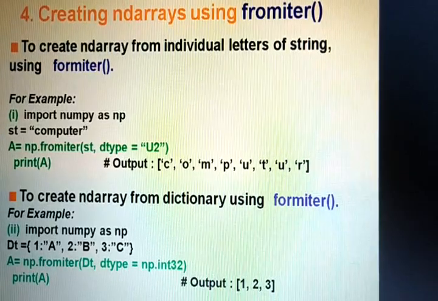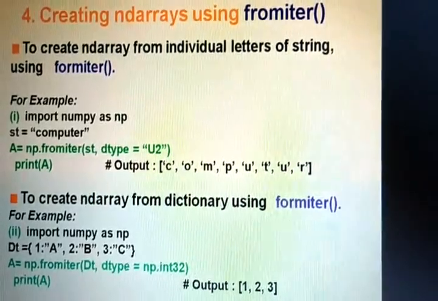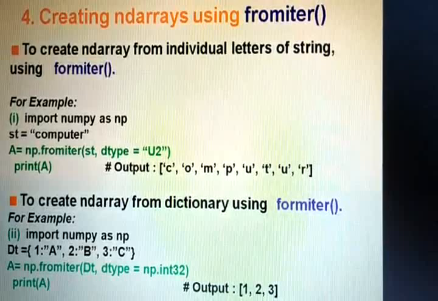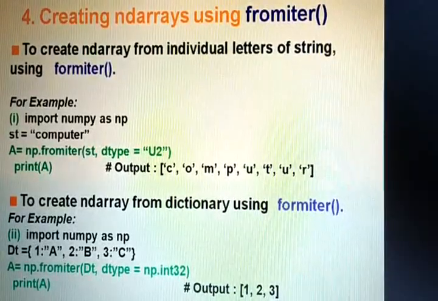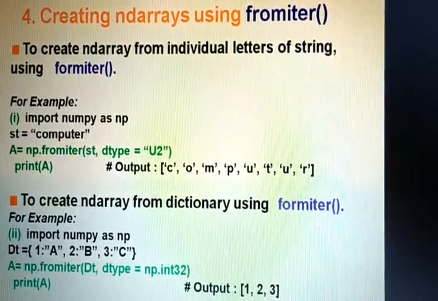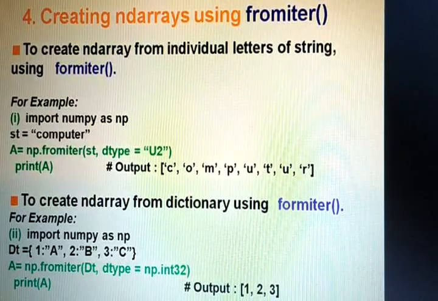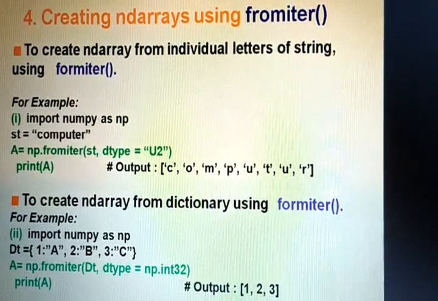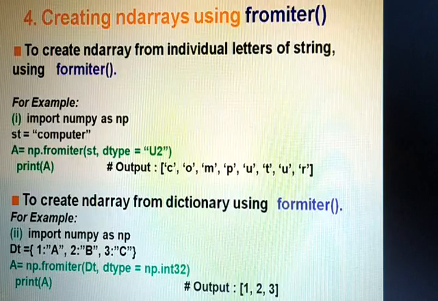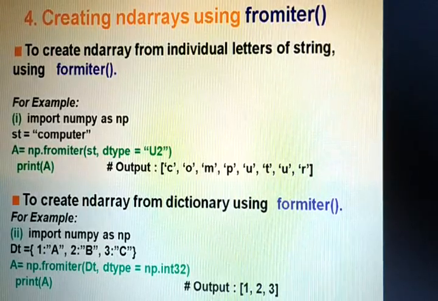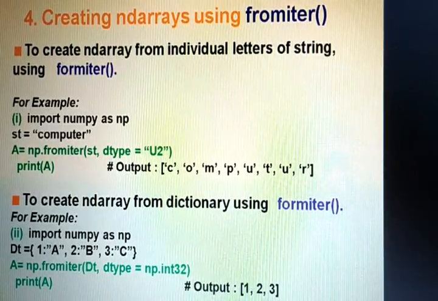And in the previous example, the fromiter function was creating an ND array from a string with data type U2, and that means each element of the ND array can have a length of 2 Unicode characters.